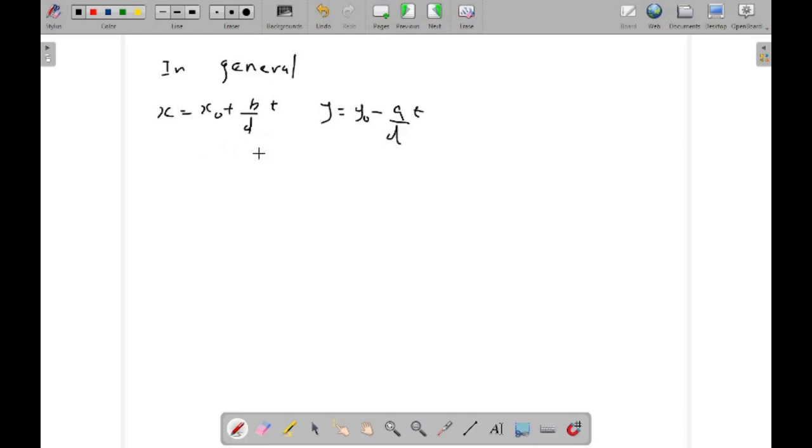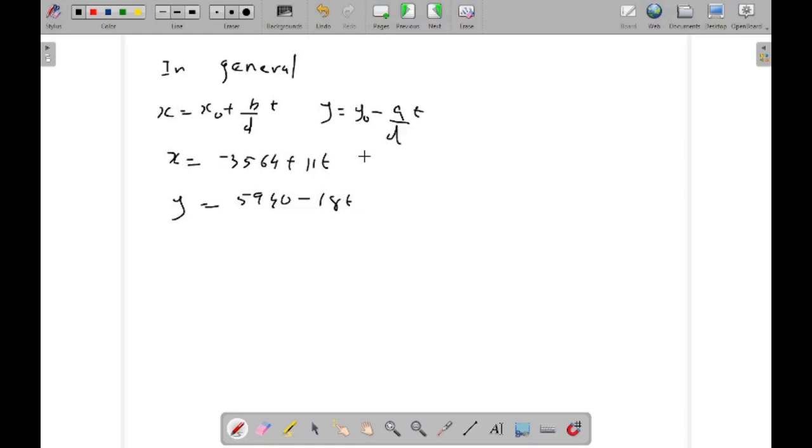Then our x equal to, we know our x0 is minus 3564 plus our b is 11 and d is 1, so 11t, and our y equal to 5940, that is y0, minus a is 18t, so this will be minus 18t.